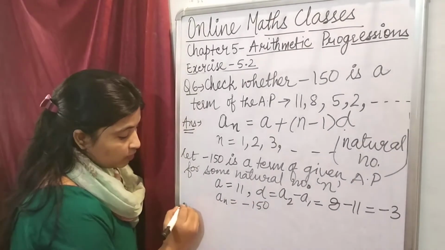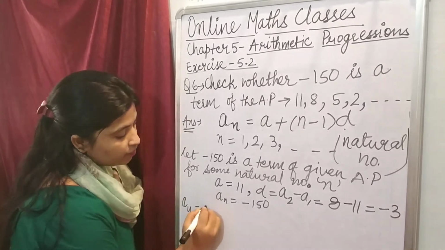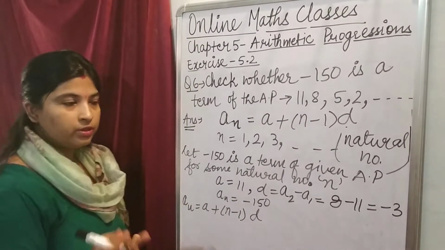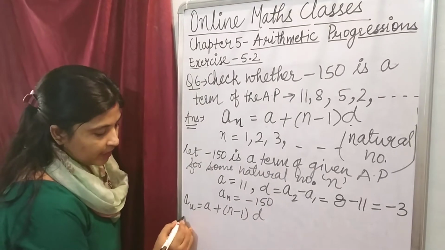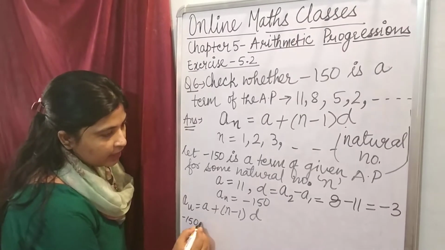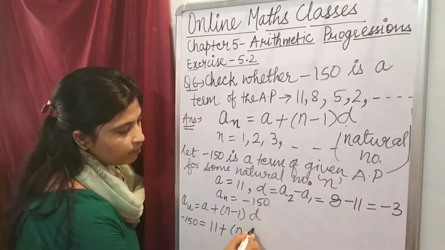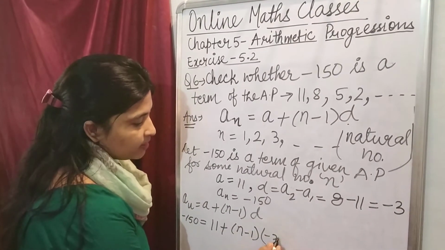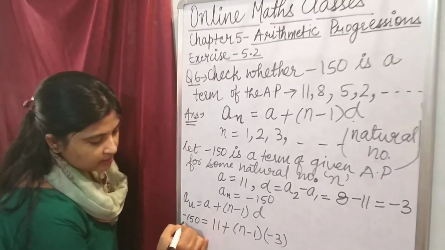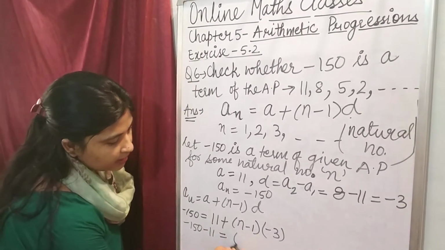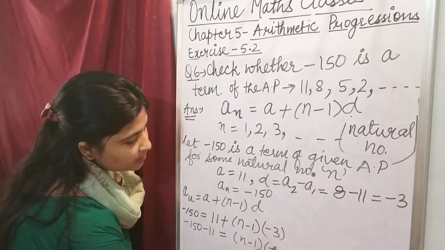Now I will do the calculation. As I know, a_n = a + (n minus 1) d, so just solve it. Minus 150 is equal to minus 11 plus (n minus 1) into 3. Take this 11 to this side.